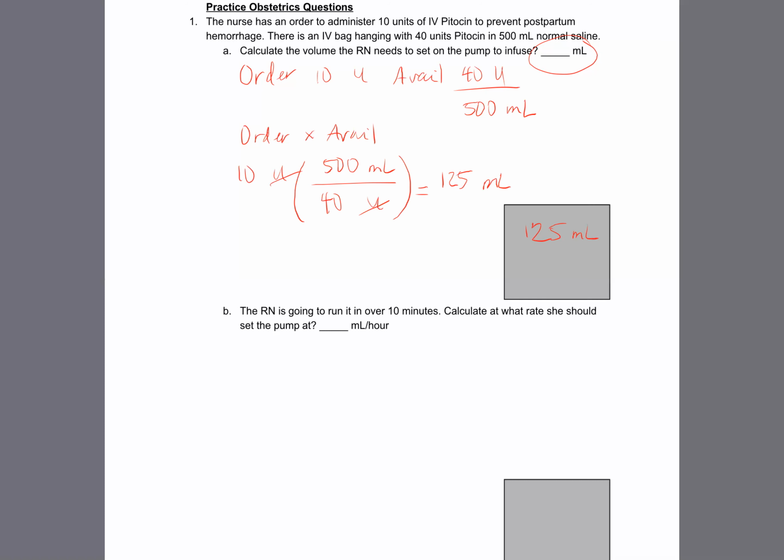B. The RN is going to run it in over 10 minutes. Calculate at what rate she should set the pump at in milliliters per hour. So you're going to go ahead and start with 125 mLs over 10 minutes. And the conversion that you need to know is 60 minutes in 1 hour.